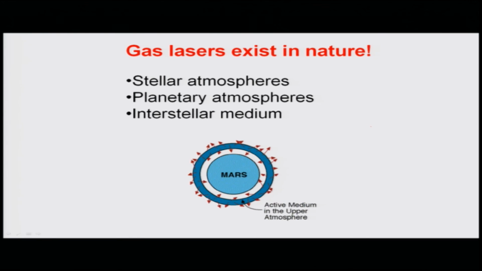In fact, lasers exist in nature also. So, here is an example of a gas laser in nature. In the stellar atmospheres, planetary atmospheres and interstellar masers, there are active regions where there are gas lasers which are known to exist in nature.